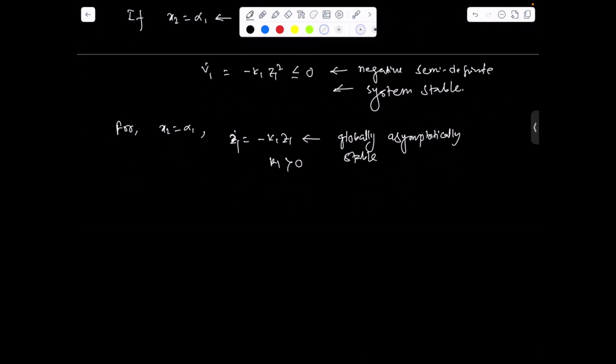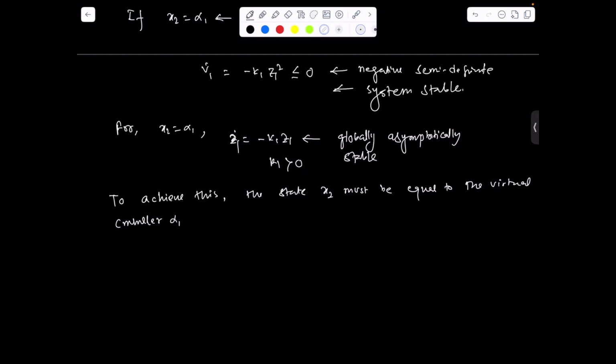To achieve this asymptotically stable system, the state X2 must be equal to the virtual control alpha 1.